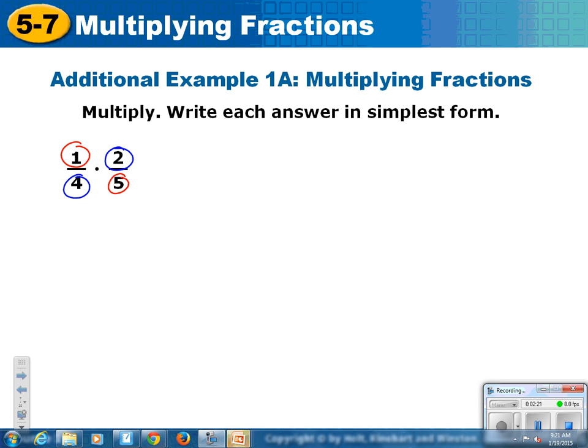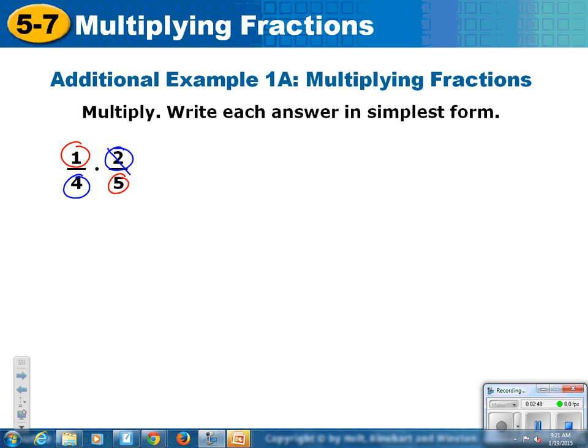In red, 1 and 5, do they have a greatest common factor? The only one they got is 1, so that's not going to do anything. What about 4 and 2? Does 4 and 2 have a greatest common factor? They do, and it's 2. So we divide 2 by the greatest common factor, which happens to be 2.